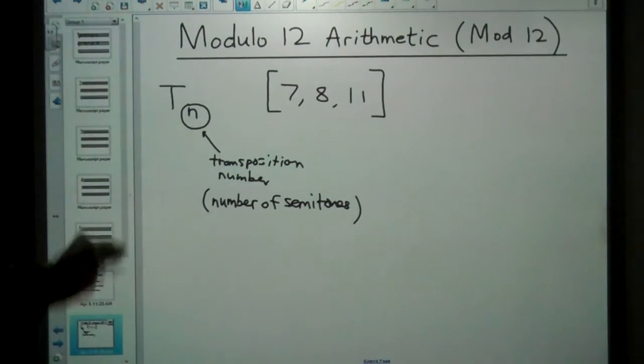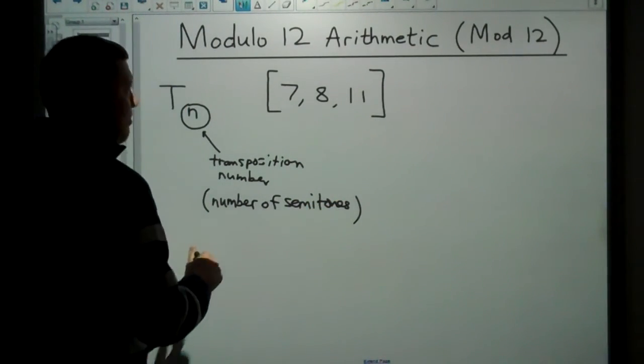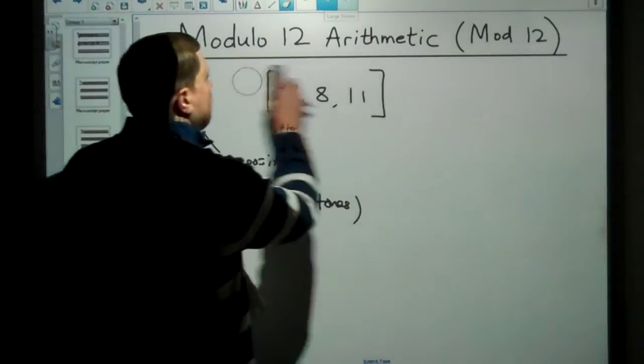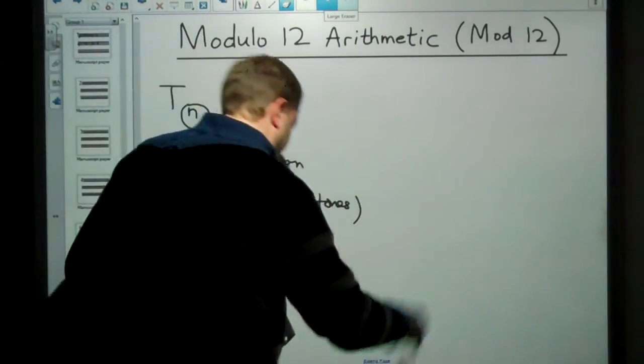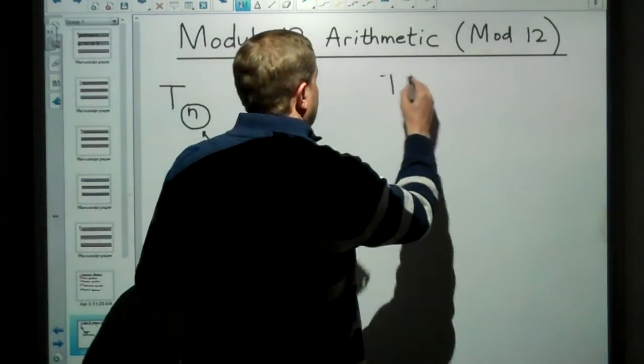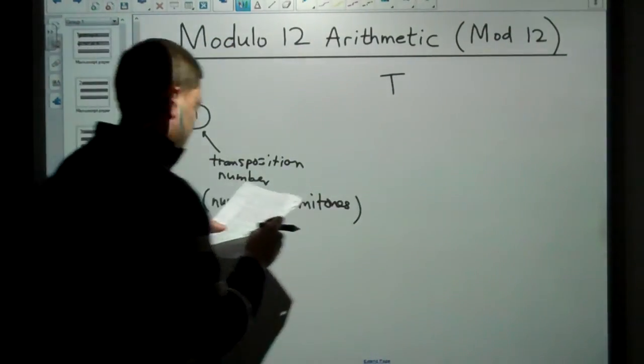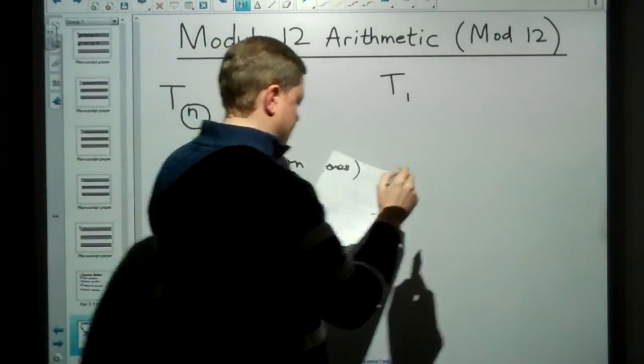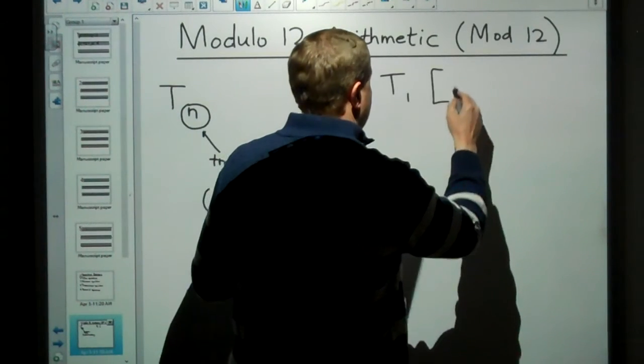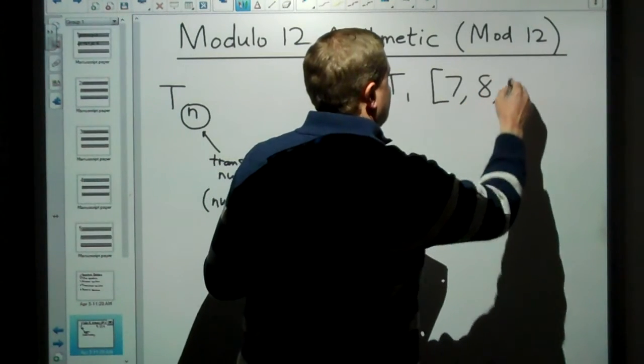Let's say we have T sub 1 of the pitch class set 7, 8, 11.